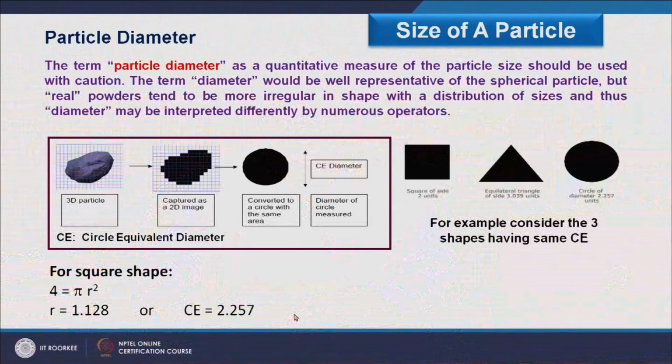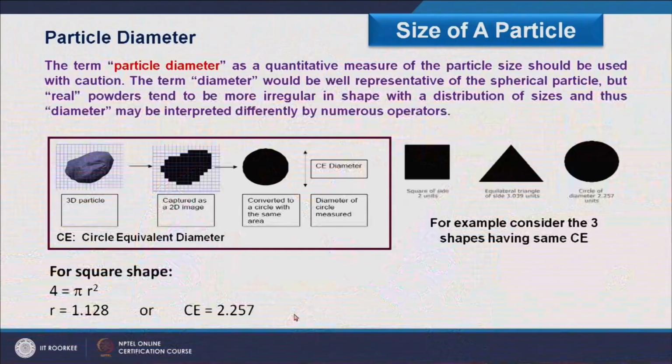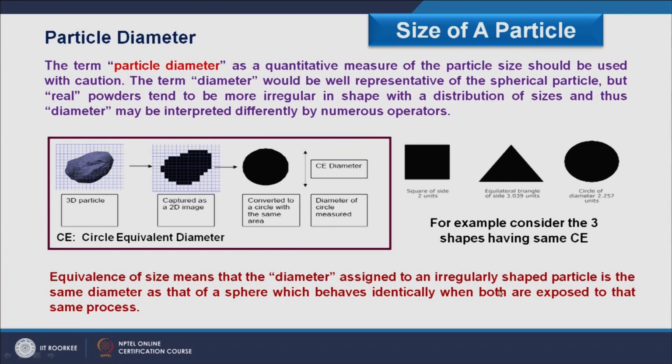If we define the particle in terms of a circle, that will not give the exact picture because it has a 3D dimension also. So we can define the particle in terms of a sphere instead of a circle. Equivalence of size means that the diameter assigned to an irregularly shaped particle is the same as that of a sphere, which behaves identically when both are exposed to the same process.